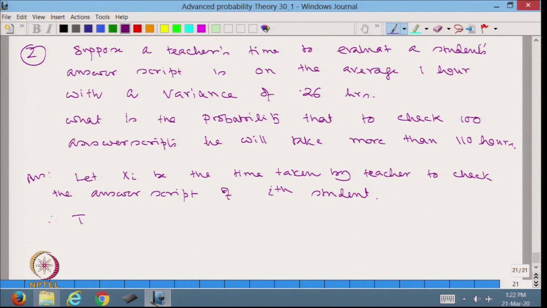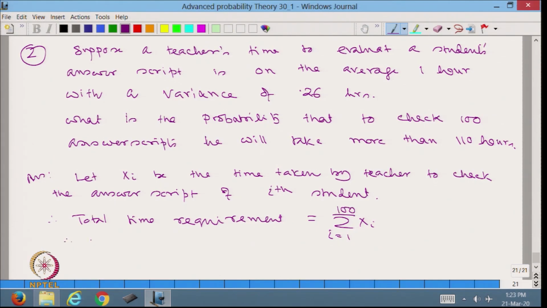Therefore, total time requirement is equal to sigma Xi, i equal to 1 to 100.